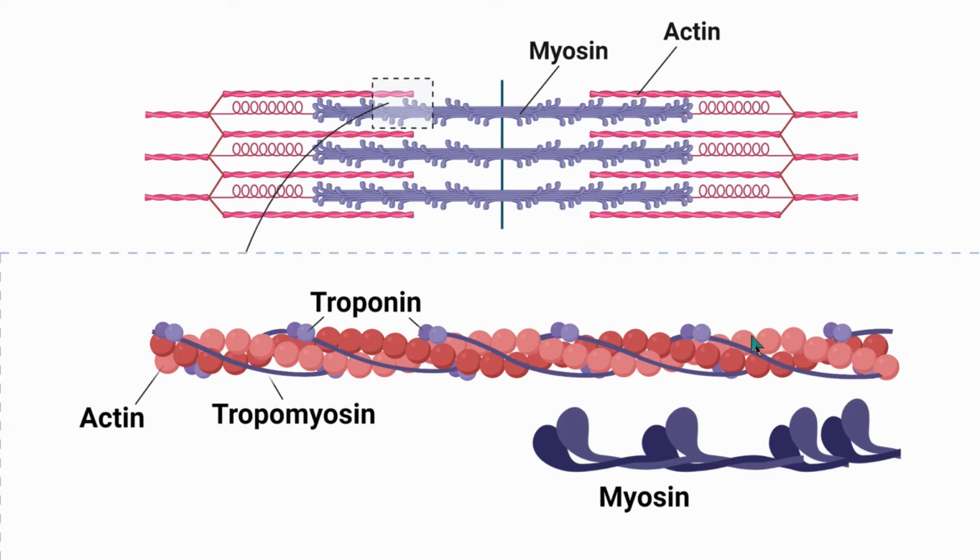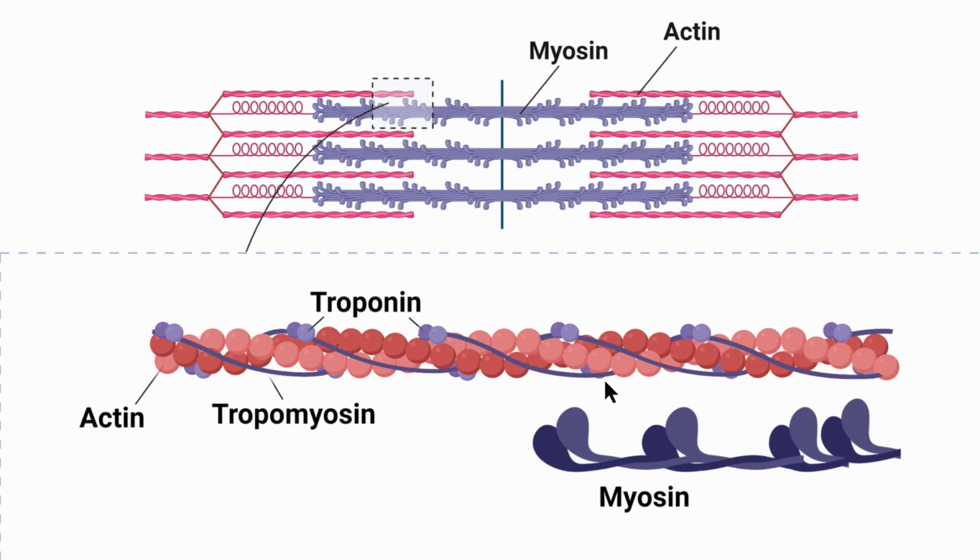So if you think of actin as kind of like a rope-like structure, then this tropomyosin is wrapped around it. And the reason for that is because tropomyosin actually inhibits or stops myosin from binding to actin.